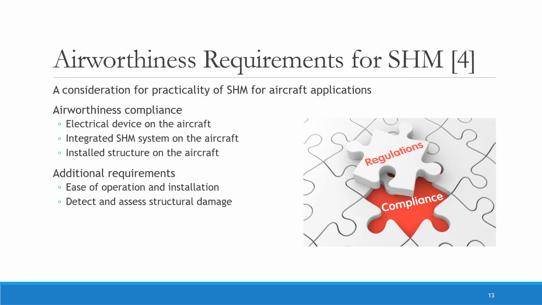This is not to mention that the SHM system must be easy to use and set up with a simple GUI and be able to detect and assess structural damage with light to minimum damage size to be detected and a POD.